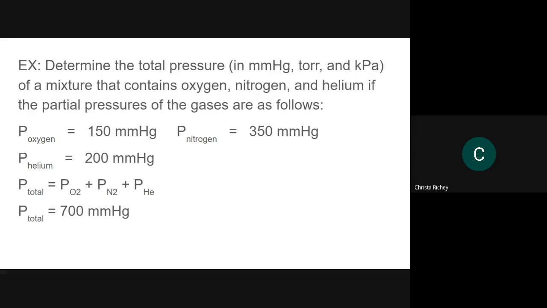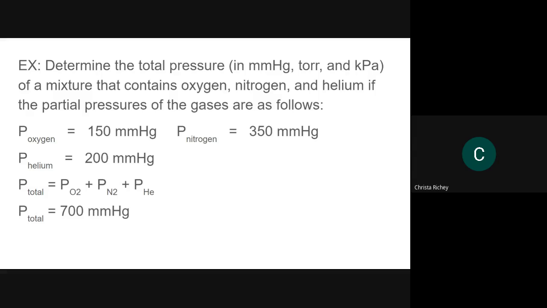And then to change it to kilopascals, I'll have to grab my calculator in a second. It was 101.3 kilopascals.